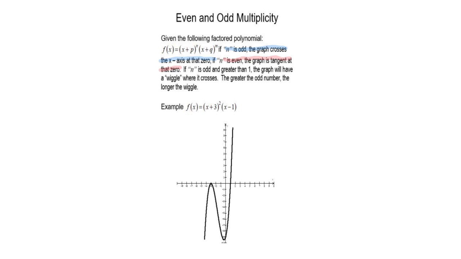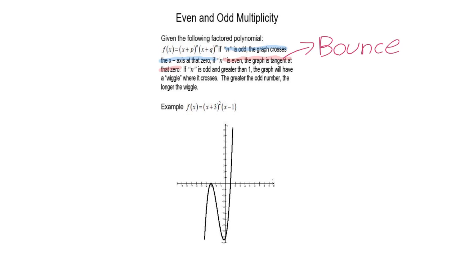I've found in previous years that instead of tangent, people are often a little more comfortable with the term bounce. Let's say that if our exponents are even, we're going to bounce at that 0.